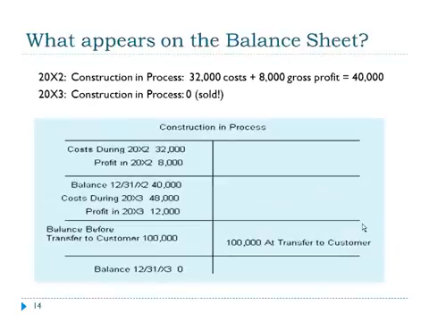Let's think about what appears on the balance sheet now. Here's a T account for the inventory account of construction in process. It starts out at 0, and the $32,000 in costs that happened during 2002 increase inventory. That occurs on the left side. It's a debit. An increase in an asset is a debit.